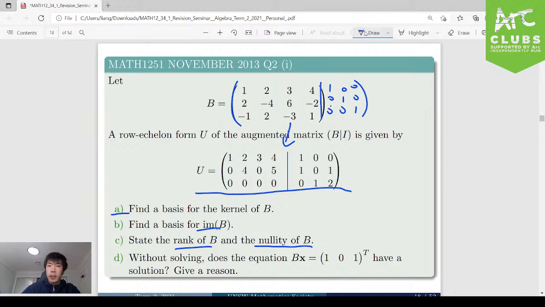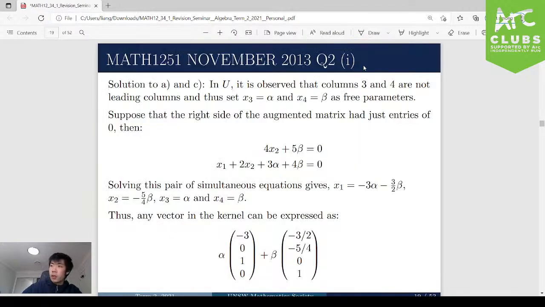Recall that the kernel is basically any vector x where B of x sends you to the 0 vector in the codomain. You basically want to find a basis for this set of vectors x. Okay. So the way we're going to do this is we're going to observe that columns 3 and 4 in the above matrix U are not leading columns.